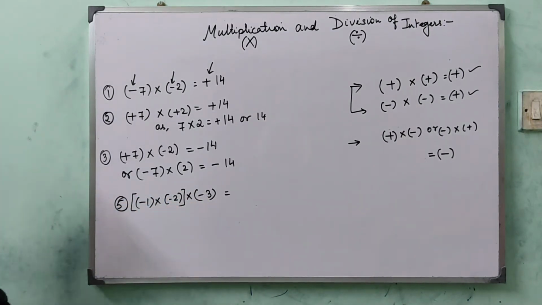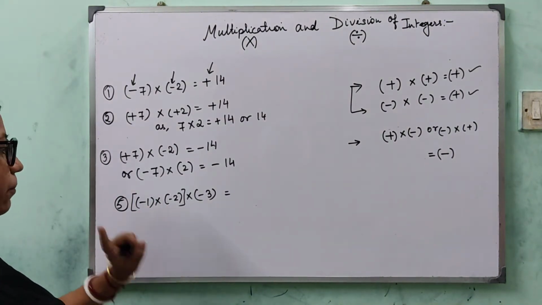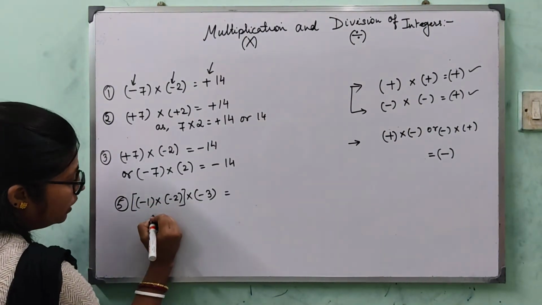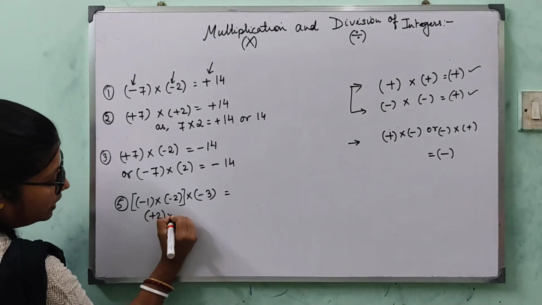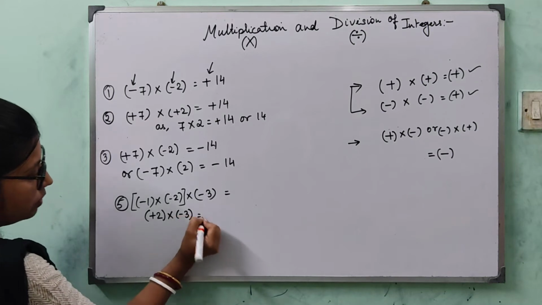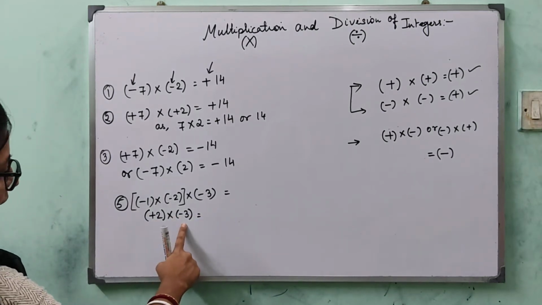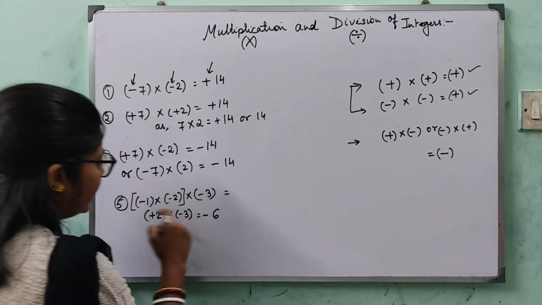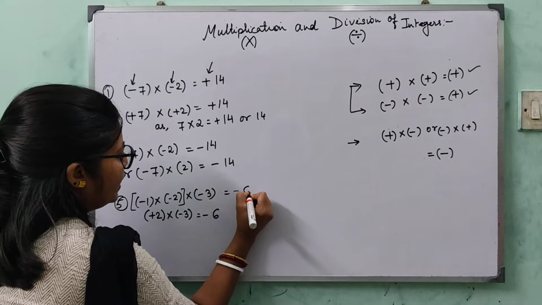What is minus 1 into minus 2? Product of two negative integers means the result will have a positive sign. So that is equal to plus 2. So minus 2 into minus 3, now here I can see the product of one positive, one negative. So that is equal to minus 6. That means minus 1 into minus 2 into minus 3 is equal to minus 6.